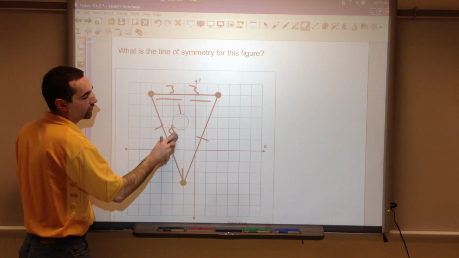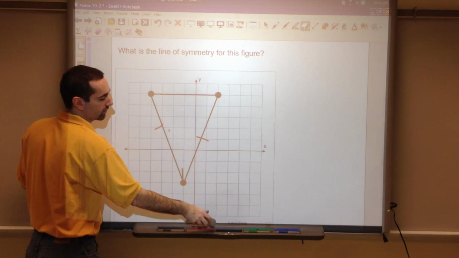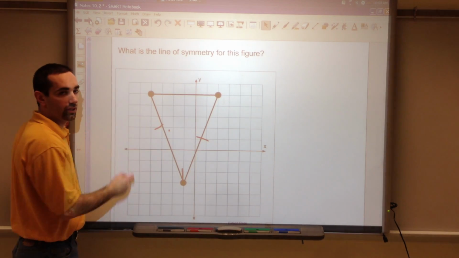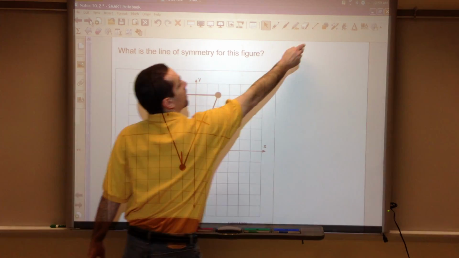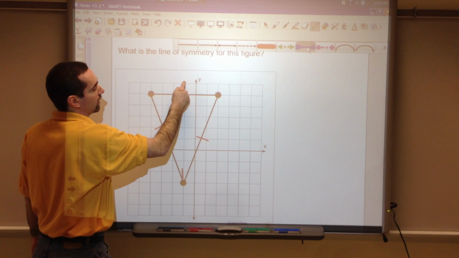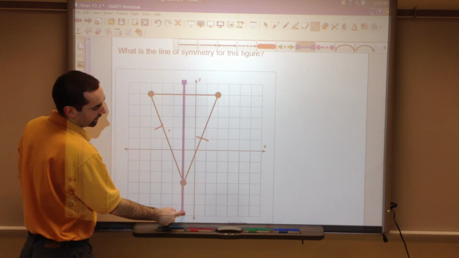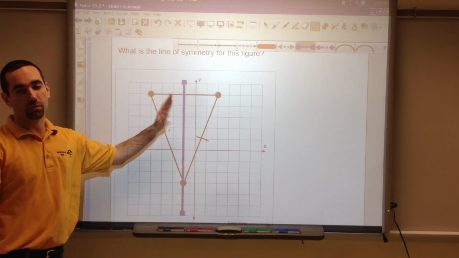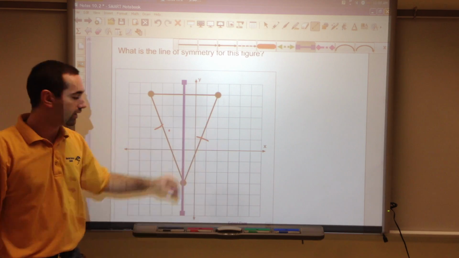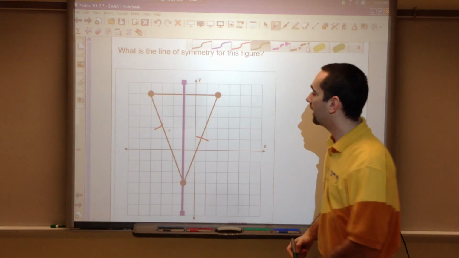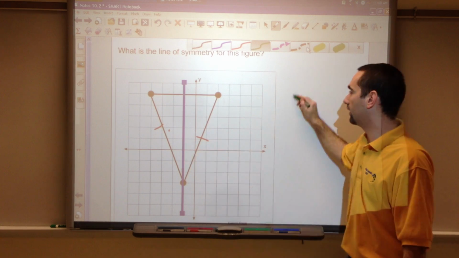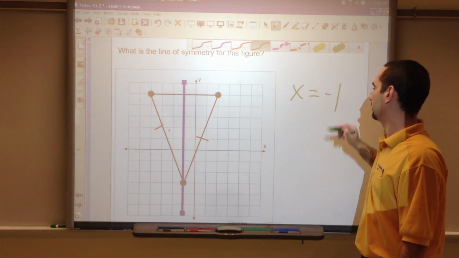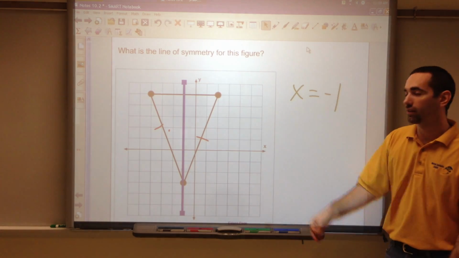So since those two are congruent, I have an isosceles triangle. I can draw a line of symmetry right down that line. This can be folded over here. Well, that line is x equals -1. That's the line of symmetry for this shape.